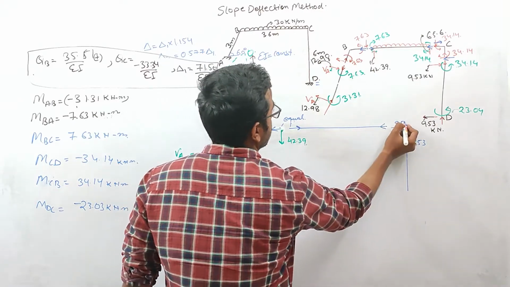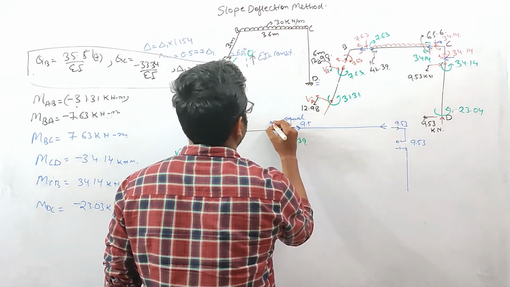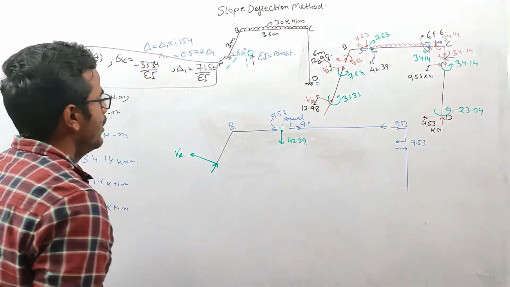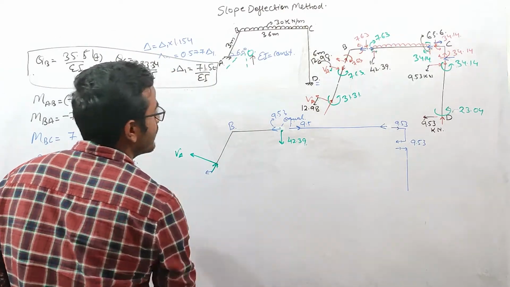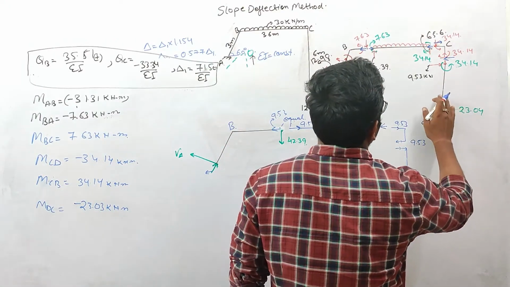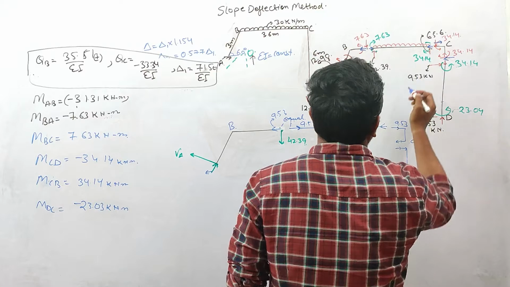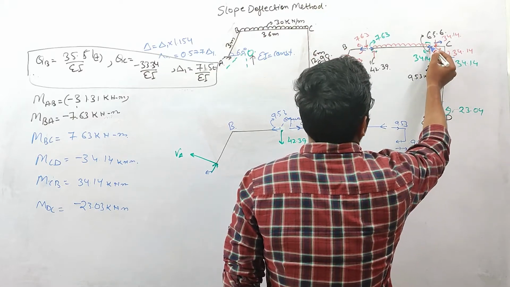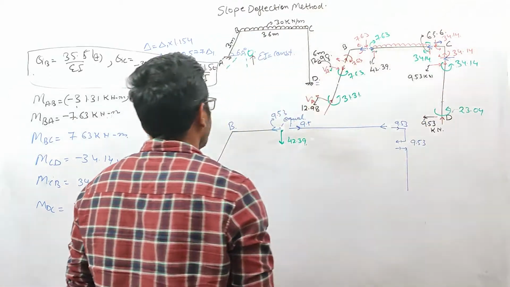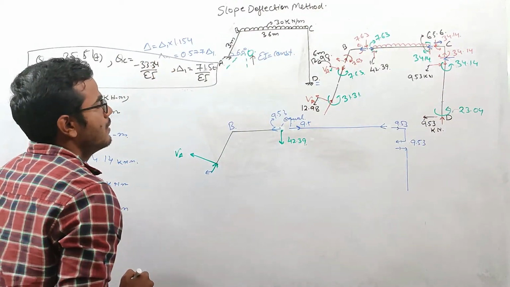So this force will be 9.53 and again this force will be 9.53. Now we need to calculate this axial force. Basically, axial force in this member also we can calculate, there won't be any problem, by considering this force.